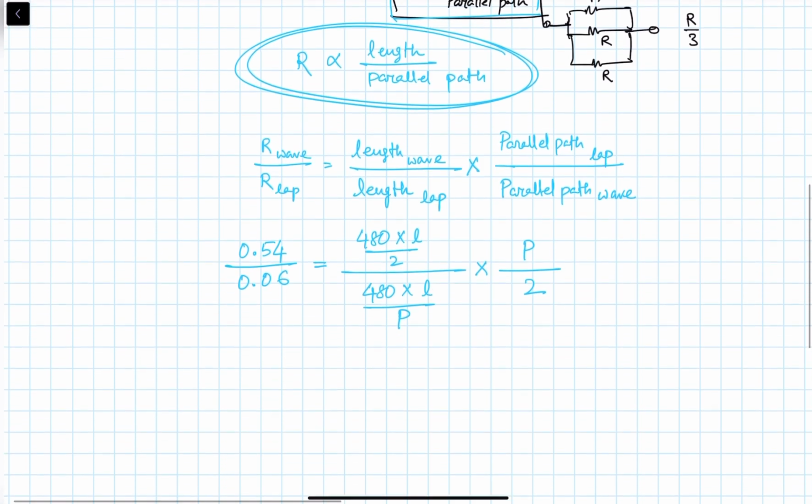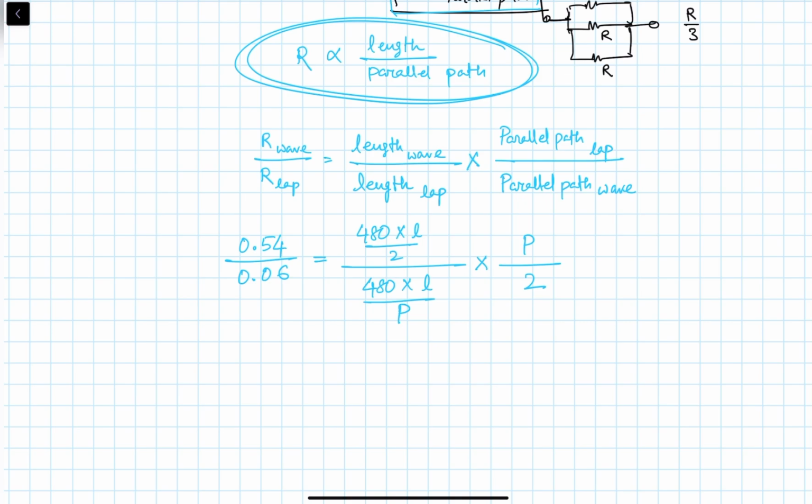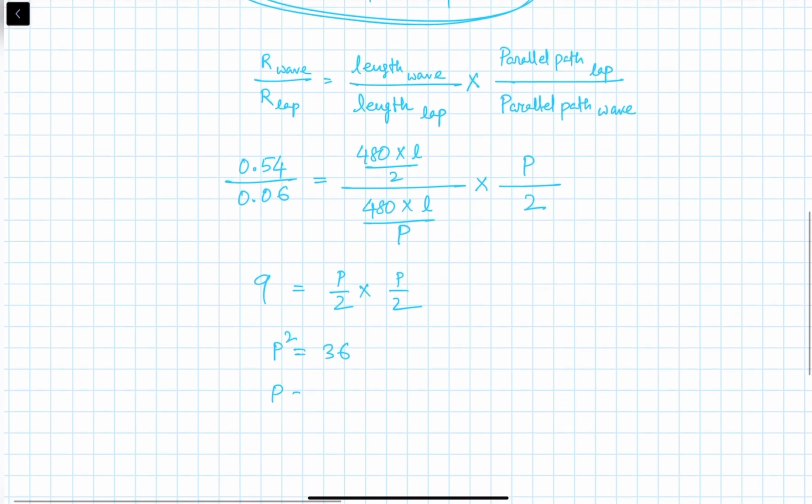If you calculate this side, you get 9 is equal to, 480 into L will cut, so you'll get P by 2 into P by 2. So P square is equal to 36 and P is equal to 6. So this is your final answer.